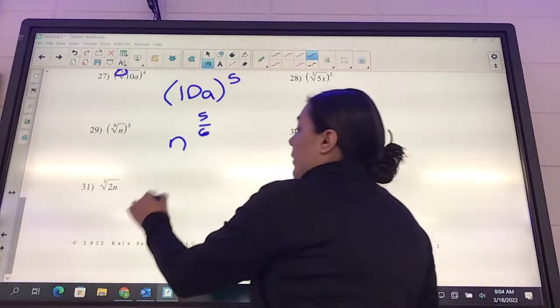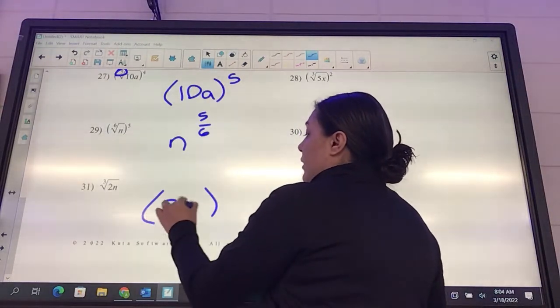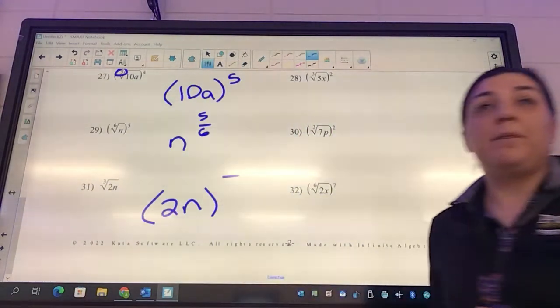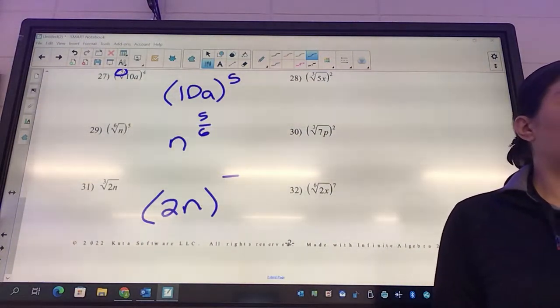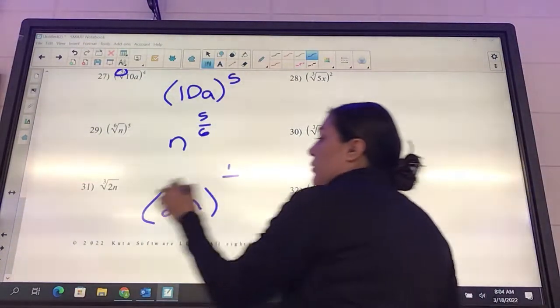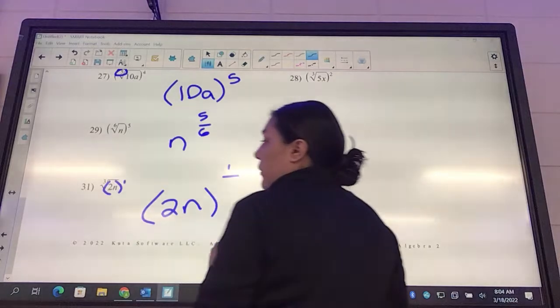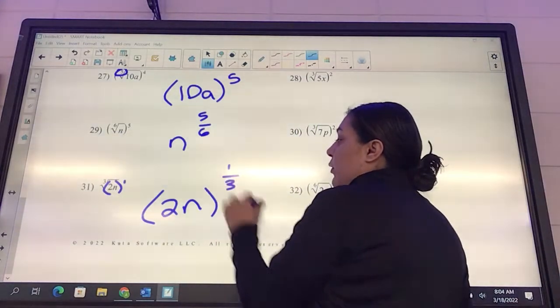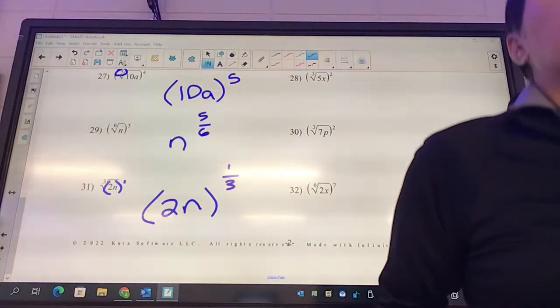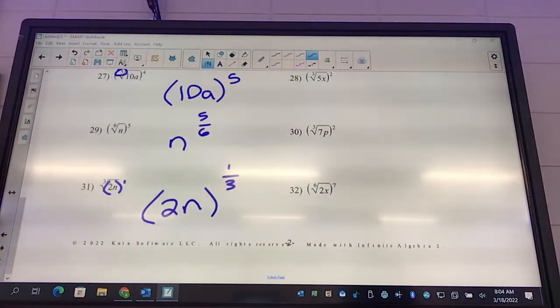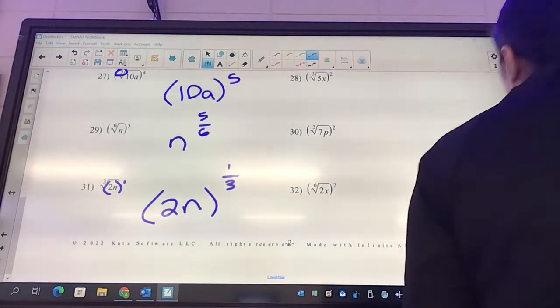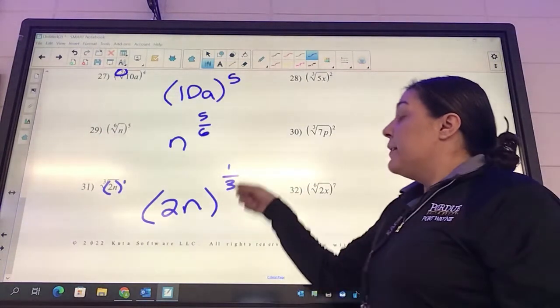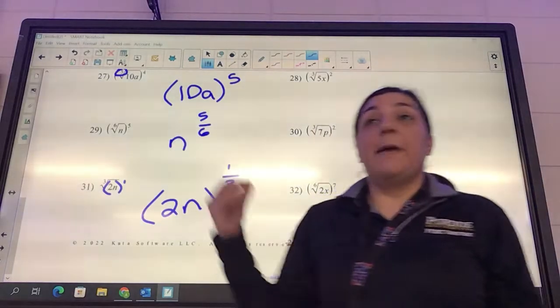What's going to go in them? 2n. What's going to go on top? A 1. This is really to the power of 1 over 3. So it's going to go inside, outside, or you got top and bottom.